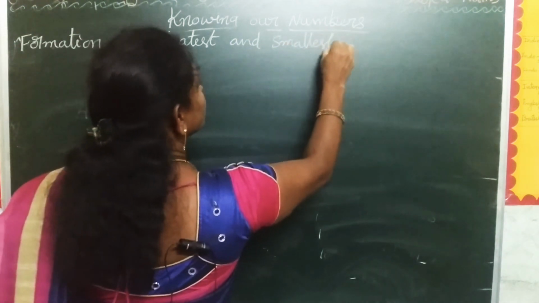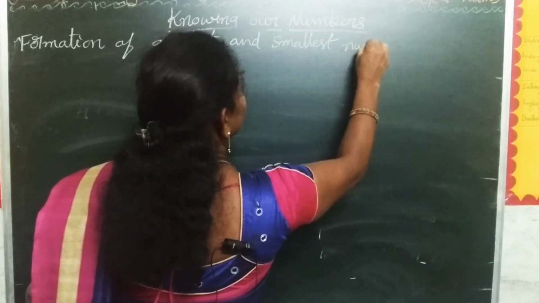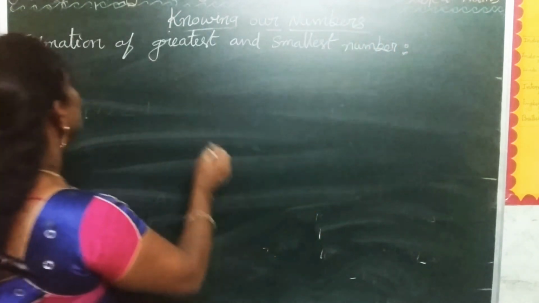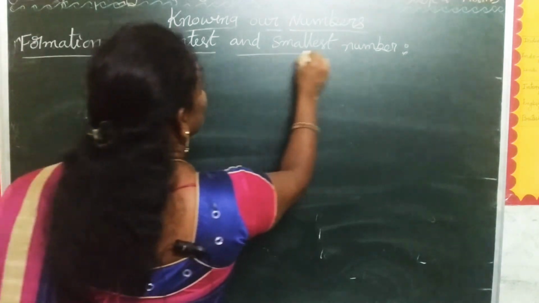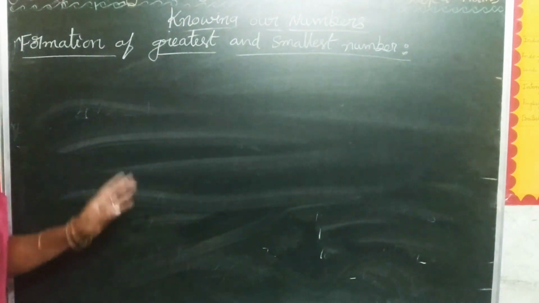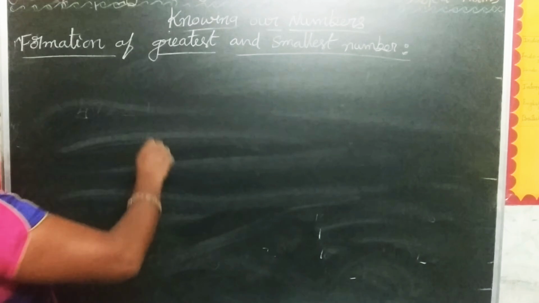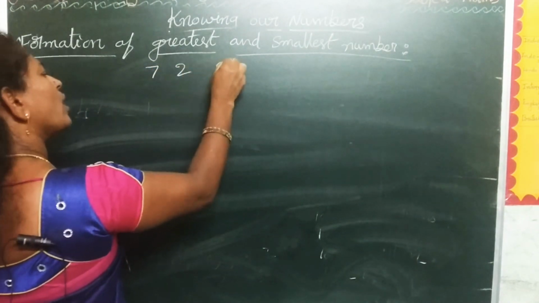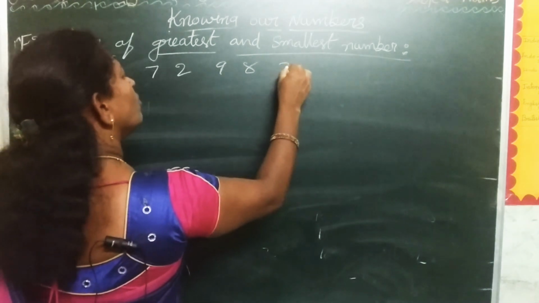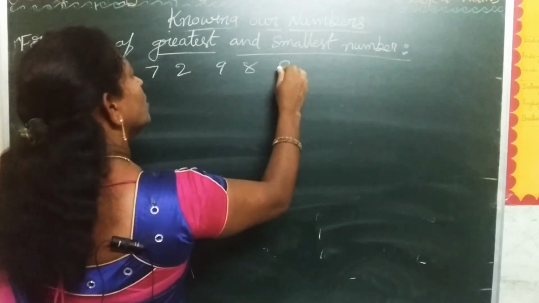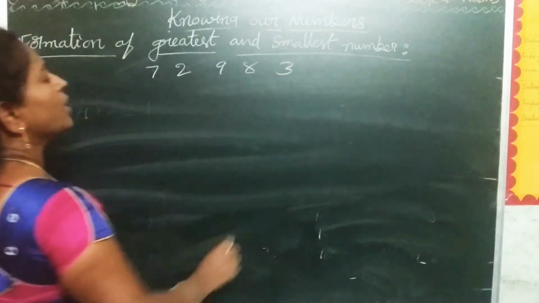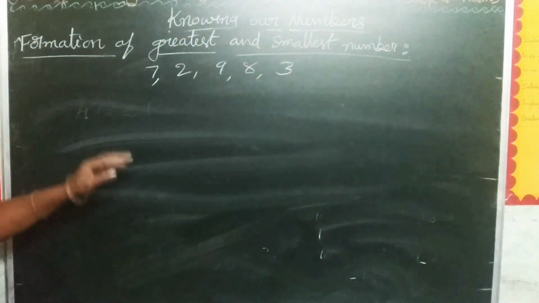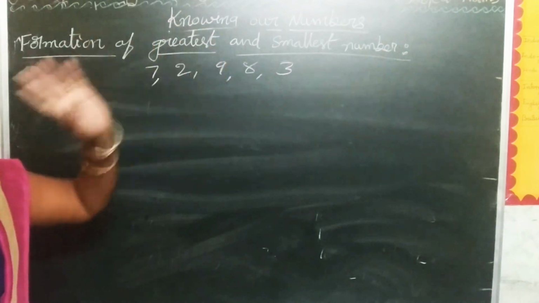We have to write the greatest and smallest number with the given digits. Here the given digits are 7, 2, 9, 8, 7, 3. Already 2 came, no? 3. So these are the individual digits. Now we have to form the greatest and smallest number.